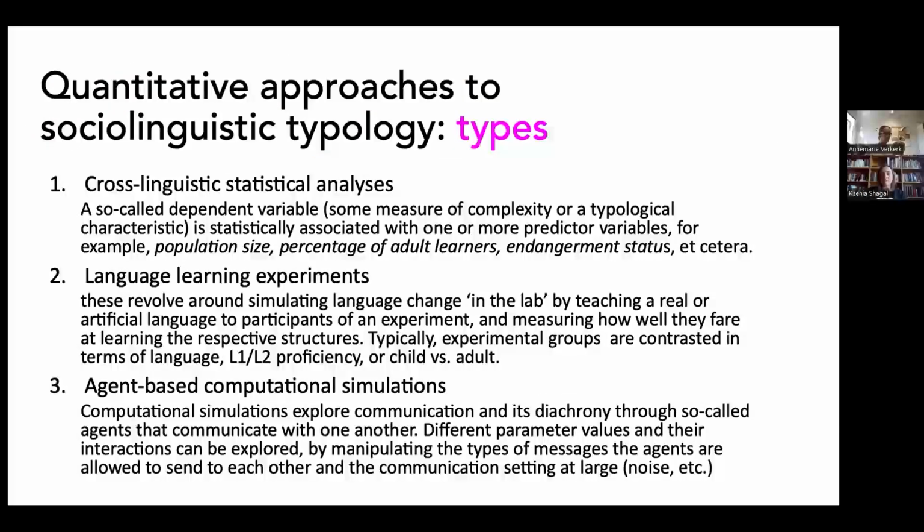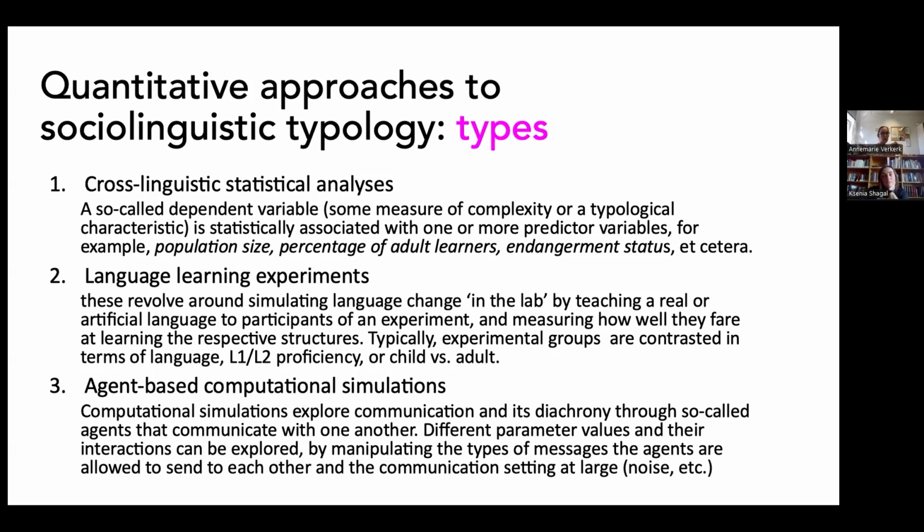So in the chapter with Chris, we distinguish 3 types of quantitative approaches to sociolinguistic typology. First, cross-linguistic statistical analyses, that's what you've just seen 2 examples of, right? The Sinamaki paper and Lupien and Dale started this large number of different types of cross-linguistic statistical analyses.